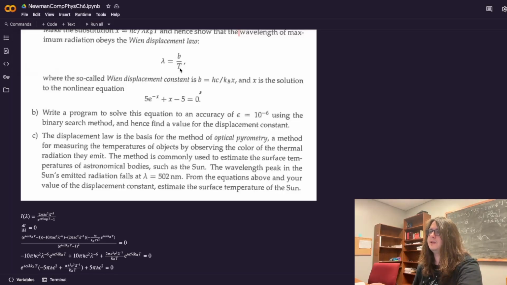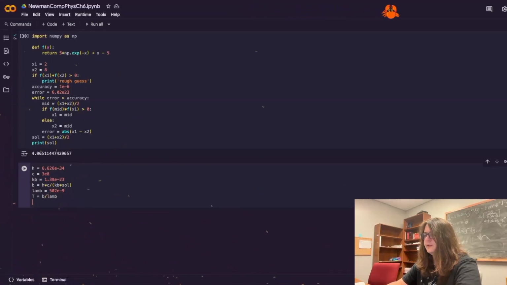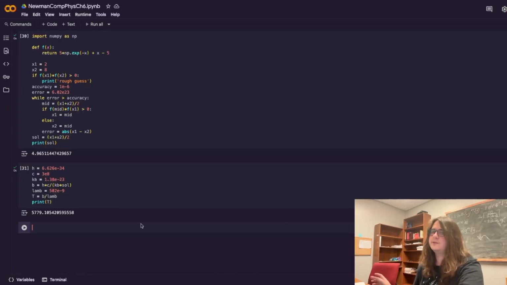So you're going to do b over lambda, and the wavelength of the light from the sun is actually just 502 nanometers. So T will be b over lambda, and we can print out the temperature of the surface of the sun, and we get something that is close to the right answer. It's about 5,800 Kelvin. So pretty nice stuff here.